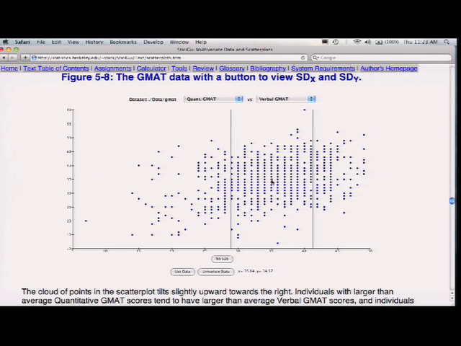Now, the claim that these things are positively associated is sort of saying if I looked at the average value of the quantitative GMAT score for students whose verbal GMAT score was above average, then the average quantitative GMAT score for those students should be higher than the overall average. Right? Okay, so let's see if we can make this histogram tool do that.